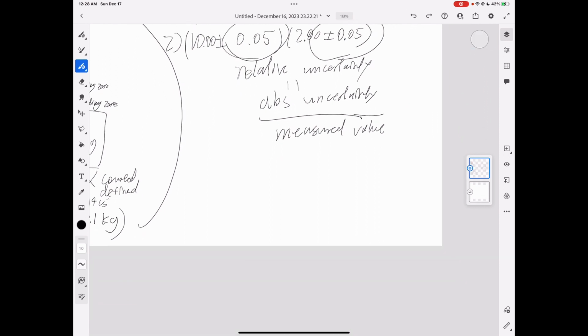Please note that this is in percent form, so we have to multiply this by 100. So in this scenario, we put 0.10 plus or minus, and then we do 0.05 over 10, multiply that by 100, and we put a percent sign, and then we do the same here.